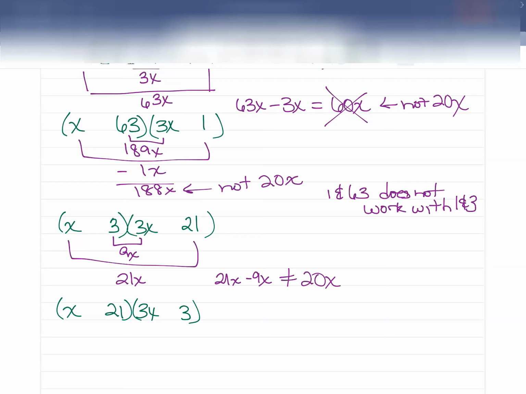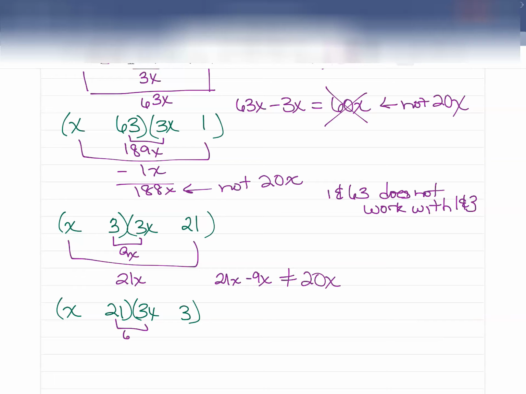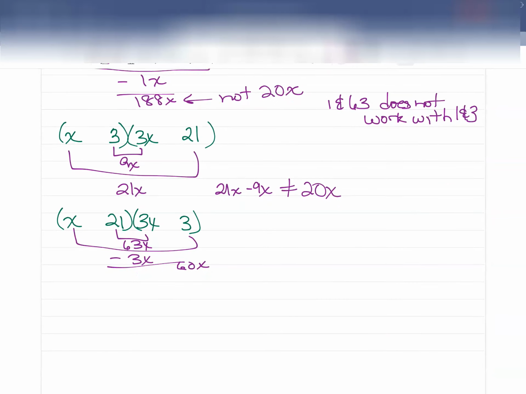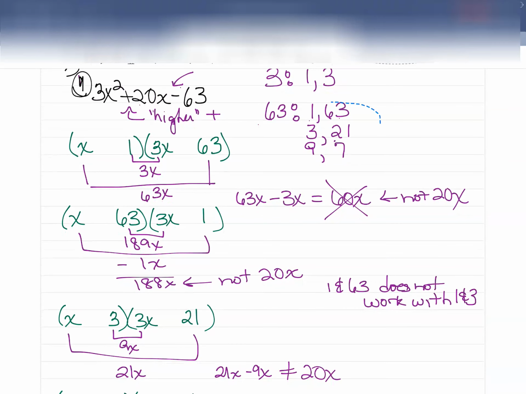That 21 times 3, that's too big. So now I need to try the 9 and 7. I've been trying them in the order that they're written on the paper: 1 times 63, then the 3 times 21, then the 9 times 7. You don't have to try them in order.